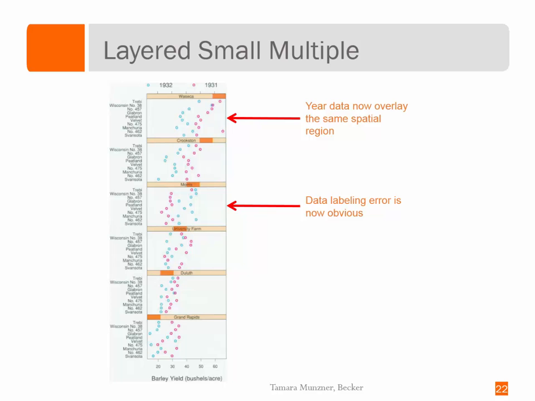What we would expect is that the plotted points for Morris would be further over to the right. If you start all the way at the top in Waseca, look all the way to the bottom in Grand Rapids, and draw a line through the center of all those pink plotted points, you'd notice that the pink plotted points for Morris are quite a bit to the left.